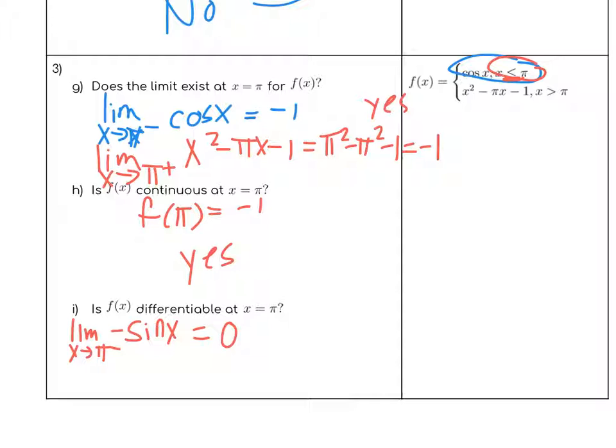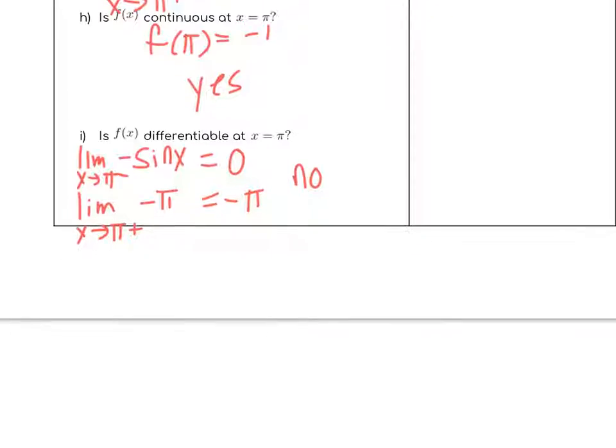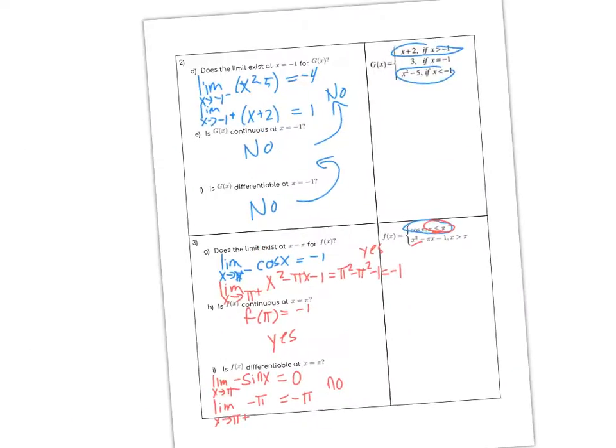And then from the other side, the derivative of pi squared minus pi x minus 1, well, pi squared is a constant, so that's 0, minus pi for minus pi x, and then 0 for the last part, and that's going to be -pi. So no, it is not differentiable because the derivative from both sides is not equal. Okay.